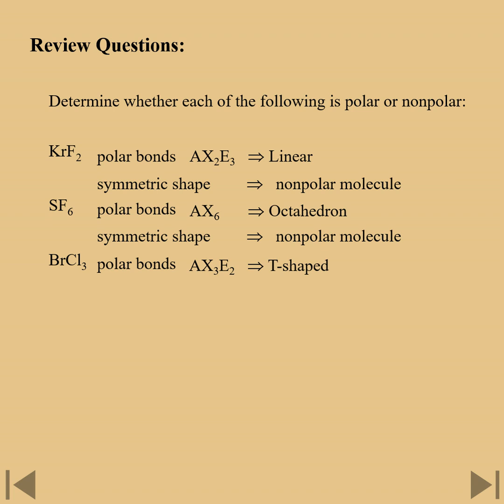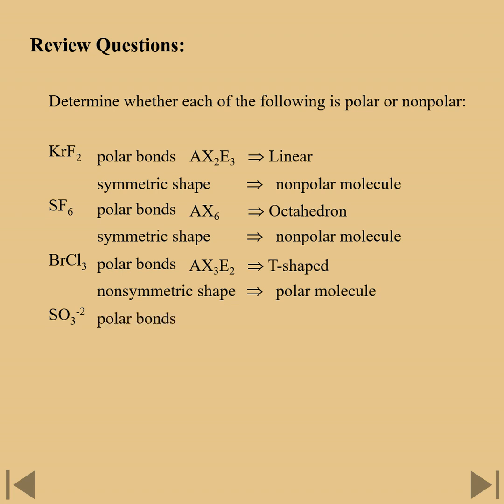No. AX2E3 and AX4E2 would be those that have non-bonding electrons and are still symmetric. This is one of the many other times when a non-bonding pair of electrons ruptures your symmetry to give you a non-symmetric shape and hence a polar molecule.